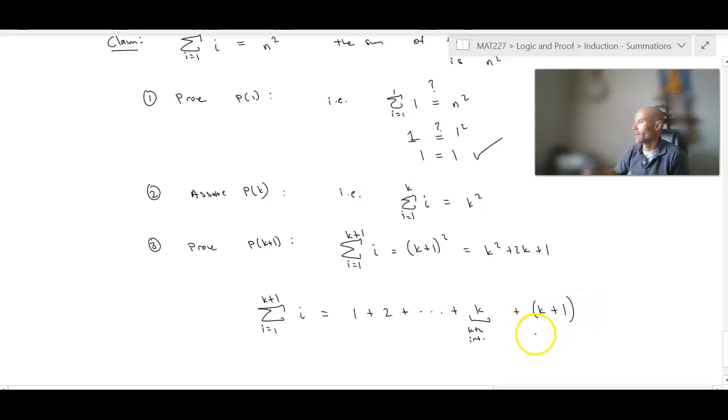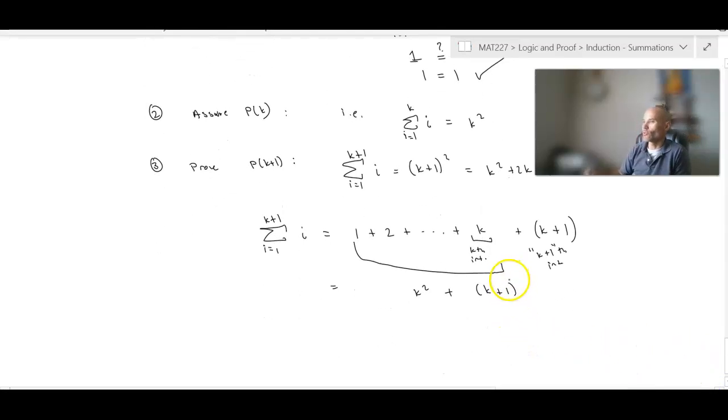That's our k plus 1th integer. And we know that the collection of these first k terms, by our assumption, is equal to k squared. Now, onto that, we have this extra plus k plus 1 term.